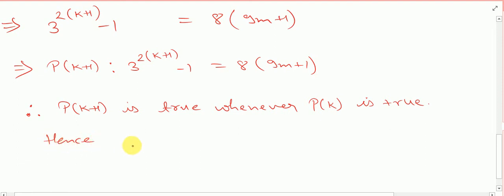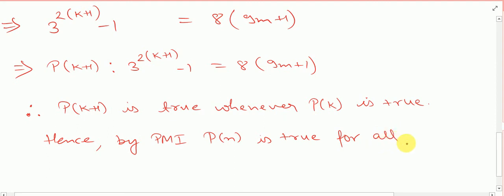Hence, by the principle of mathematical induction, Pn is true for all n belonging to natural numbers. Okay. So this is done, and this is all for today.